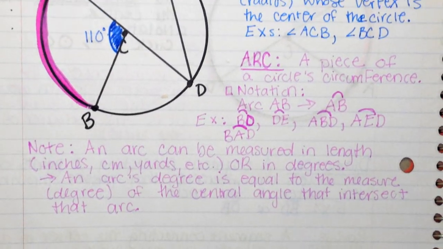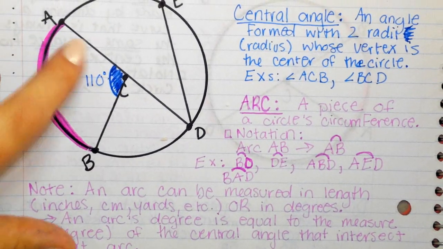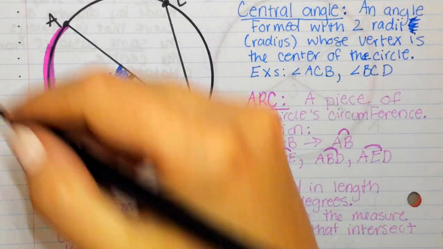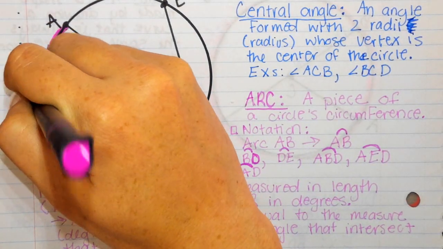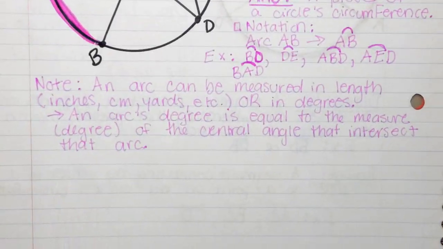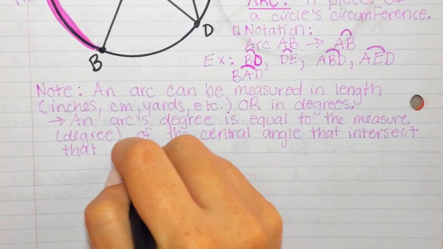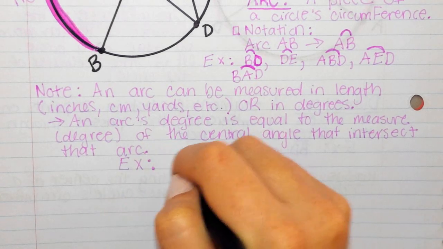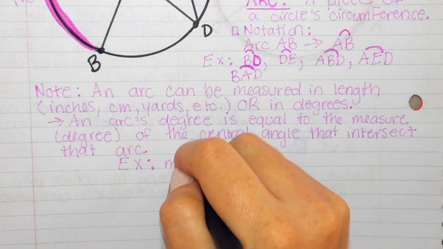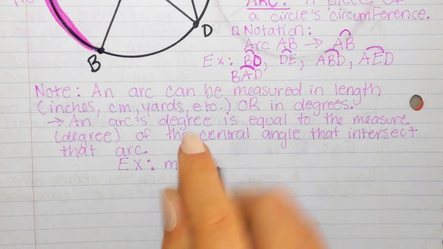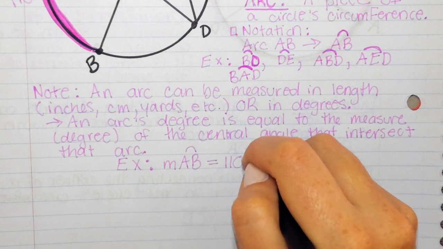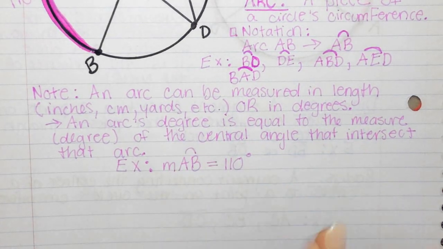This is also the reason why I wanted to give this angle a measurement here. Since this central angle is 110 degrees, we would also say that arc AB is equal to 110 degrees. For example, put a little m that stands for measure. The measure of arc AB is what this is saying, is equal to 110 degrees.